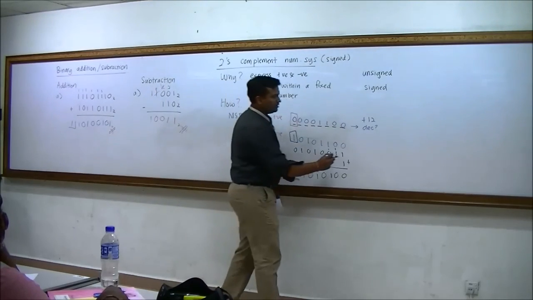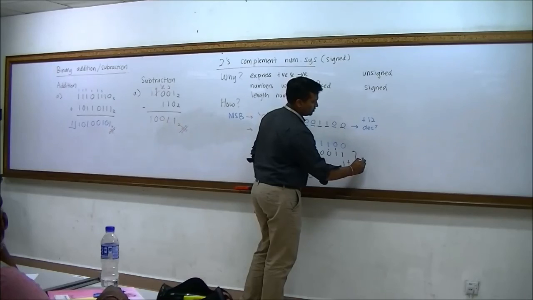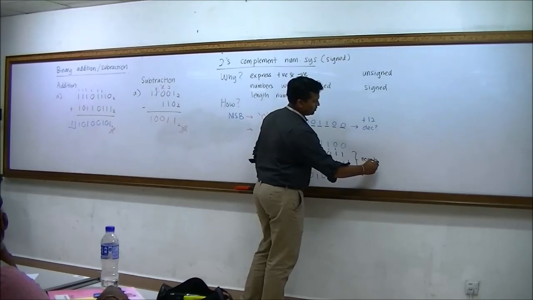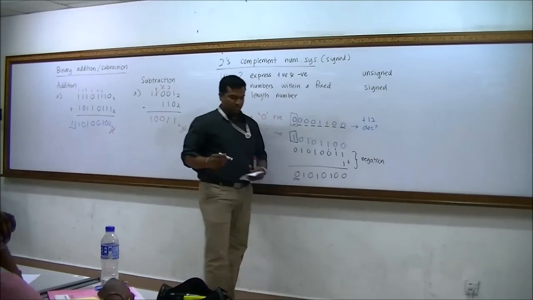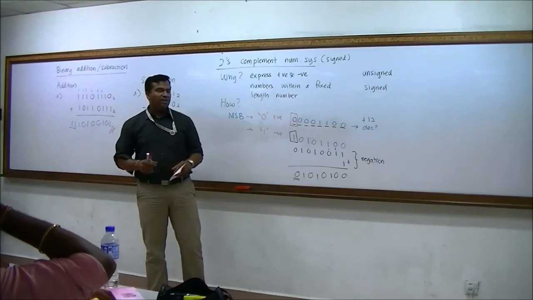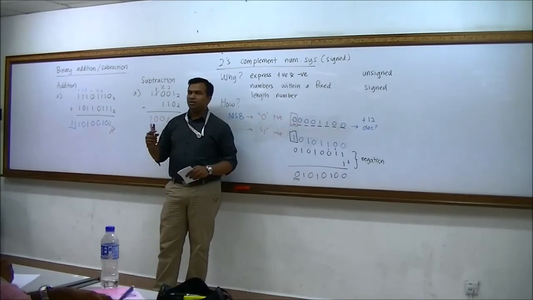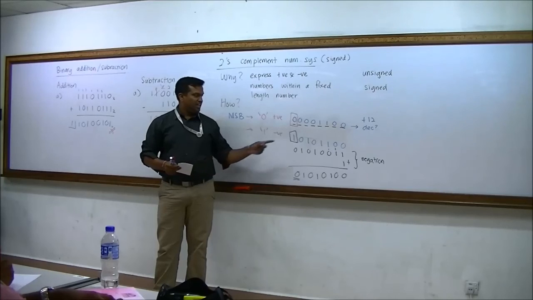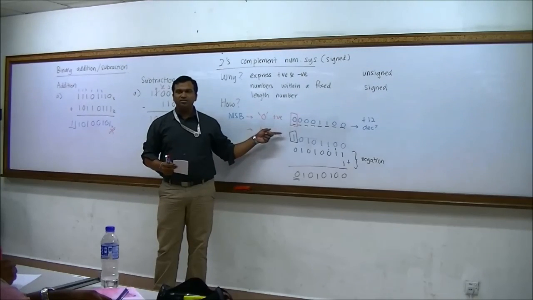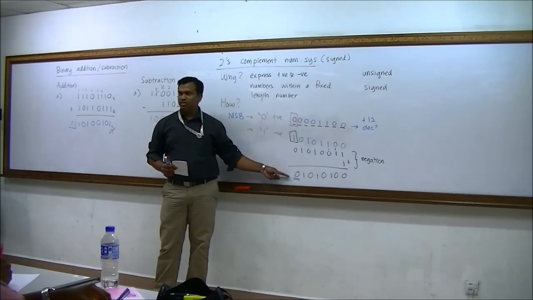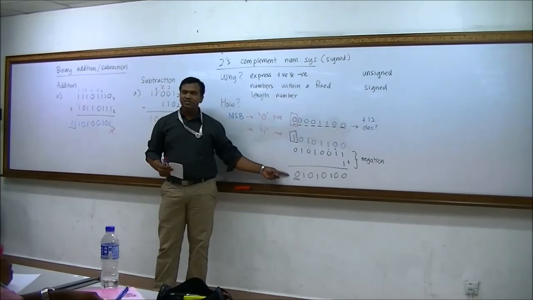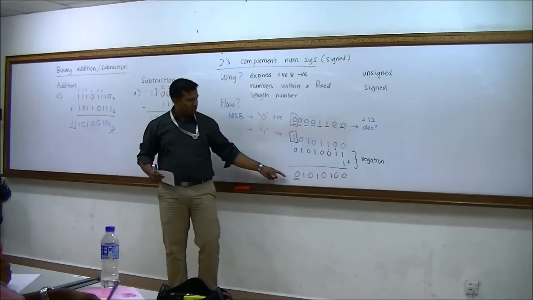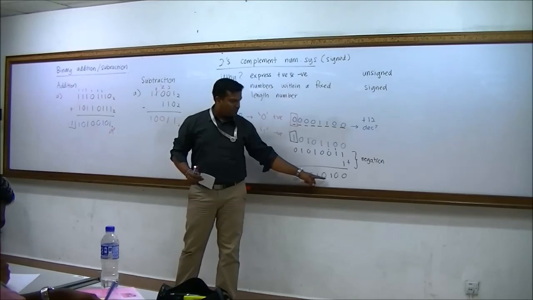So this process is known as negation. Whenever you perform 2's complement, you are actually negating it. When you multiply a negative by negative, it becomes positive. So once it's positive, you can take the weightage of the ones.